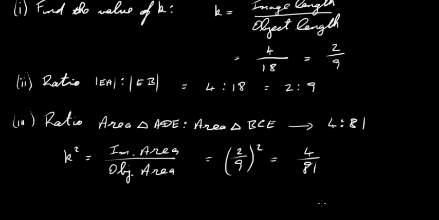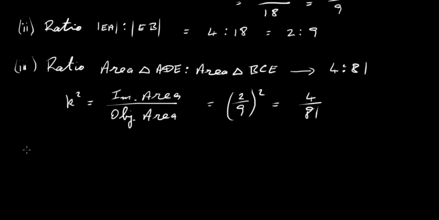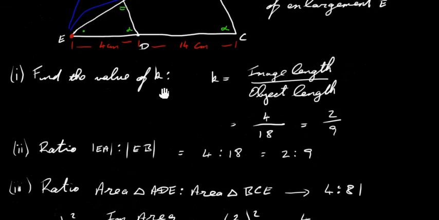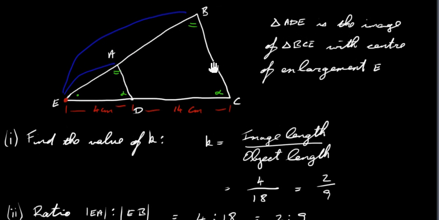Okay, so let's have a look at one last question before we finish, number 4 here. We're going to try and find the area of the quadrilateral ABCD.